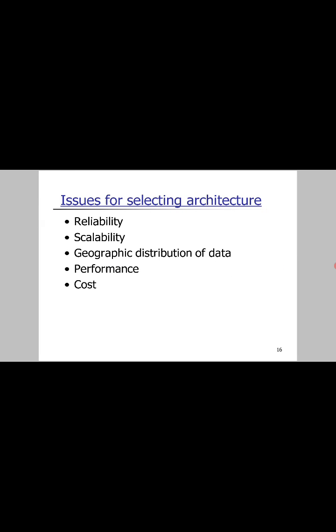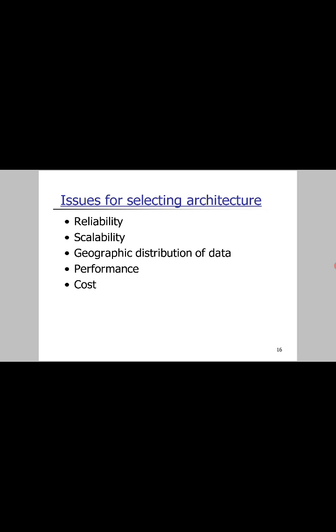So, issues for selecting architecture. What are the issues relating to database architecture? Reliability, scalability, geographic distribution of data, performance, and cost. These are the main important concepts related to distributed databases. First is cost, which is very high.